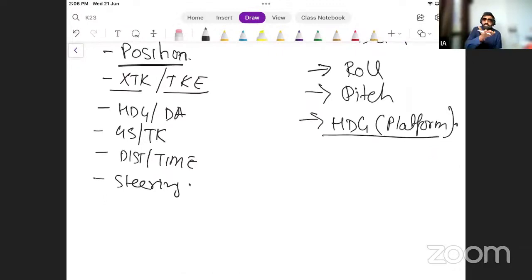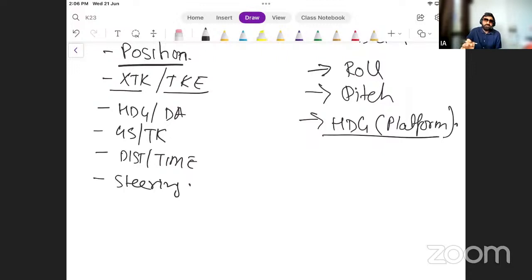This platform can be considered as a horizontal plate on which the accelerometers are mounted. But the problem is the platform is unable to stay horizontal when the aircraft is maneuvering. In order to keep the platform horizontal, we can use gyroscopes. We call them integrating gyroscopes. That is the function of gyroscopes in INS, to keep the platform horizontal.